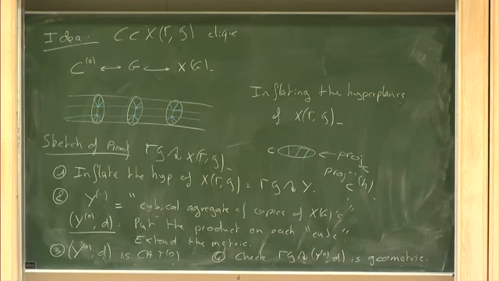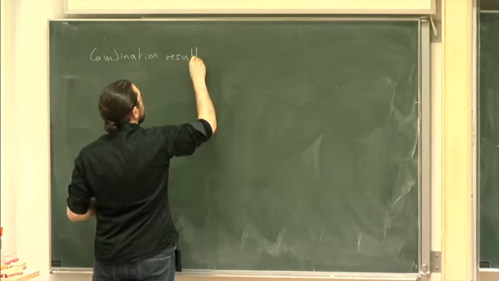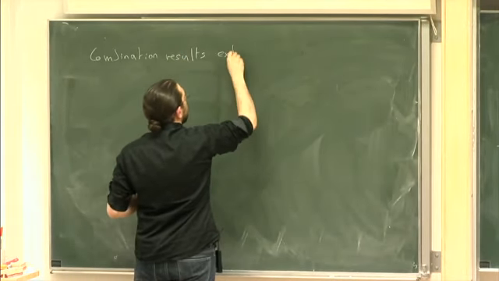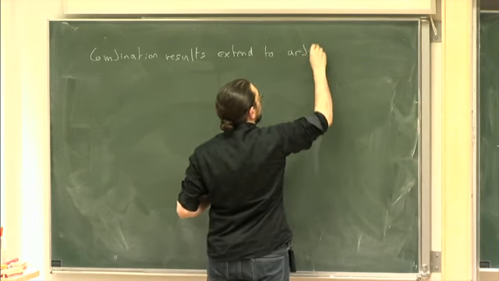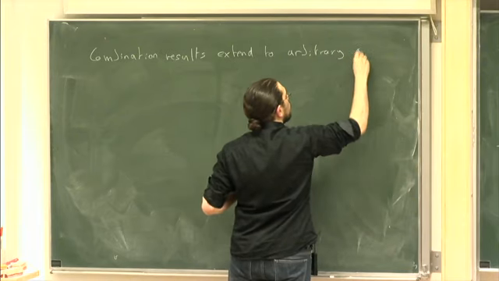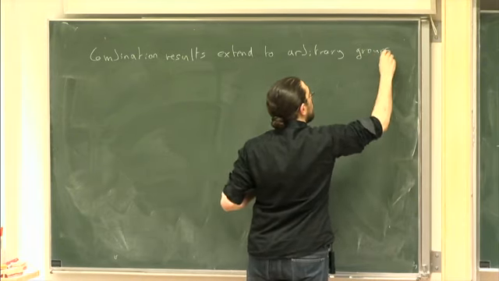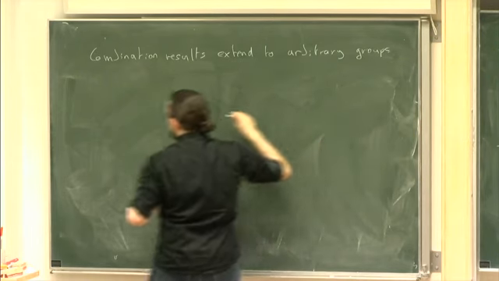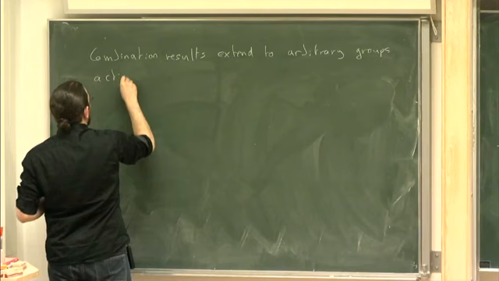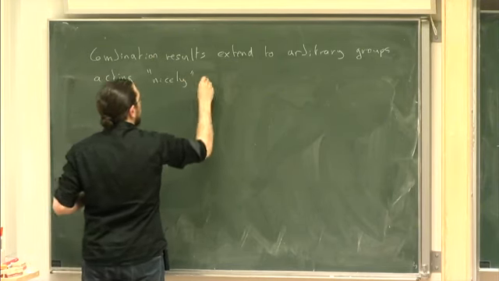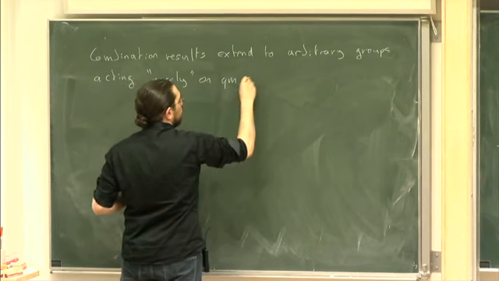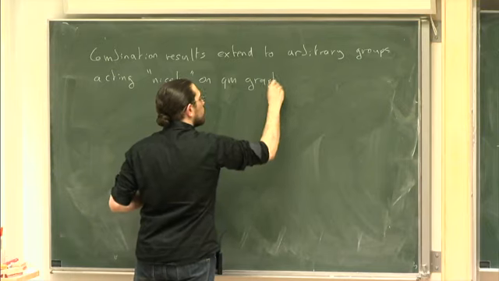So combination results extend to arbitrary groups acting nicely on quasi-median graphs.